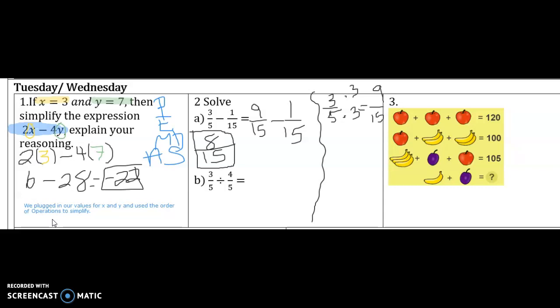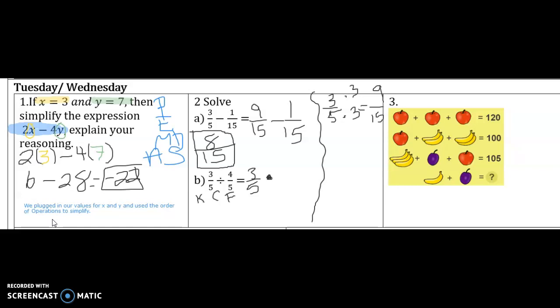So for B, we have 3 over 5 divided by 4 over 5. Okay, so when we see that we're dividing fractions, remember, we're going to keep, change, flip. So we're going to keep the 3 over 5. We're going to change the division to a multiplication.